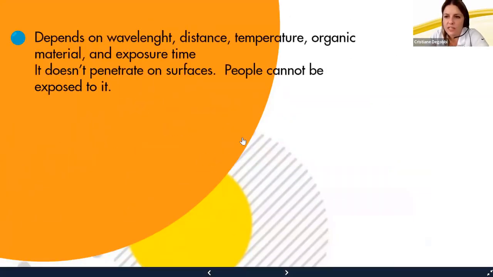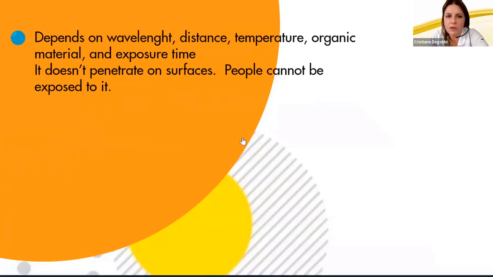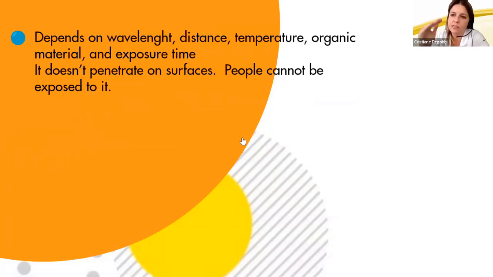And there are different types, and it depends on the wavelength, the distance from the objects, okay? That will impact how effective they are going to be. The temperature, the organic material: if there is too much dirt in there, the light will not transpass that dirt and you're not going to reach the microorganism that you want. And it depends on the exposure time.